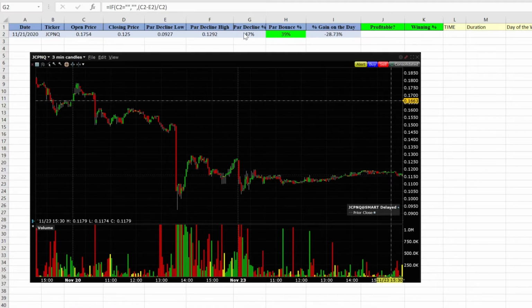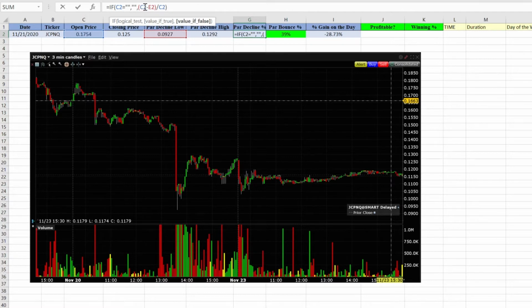Now we need to calculate the percentages, and I already have them calculated because I've been doing it for 2.5 years, just tracking data like a crazy man. So yeah, this is the formula. So basically you put an if statement here in your command bar and you say if C2, which is open price, equals nothing, then give me nothing.